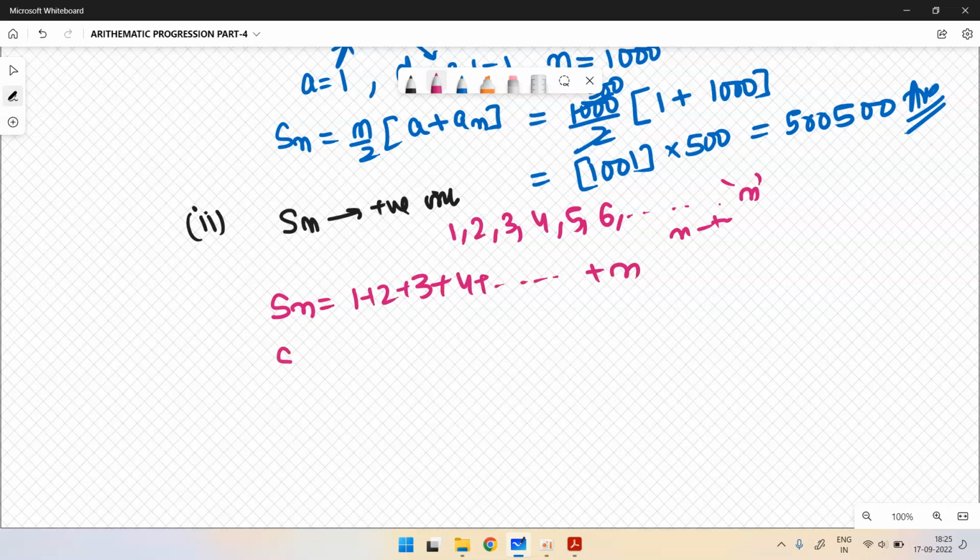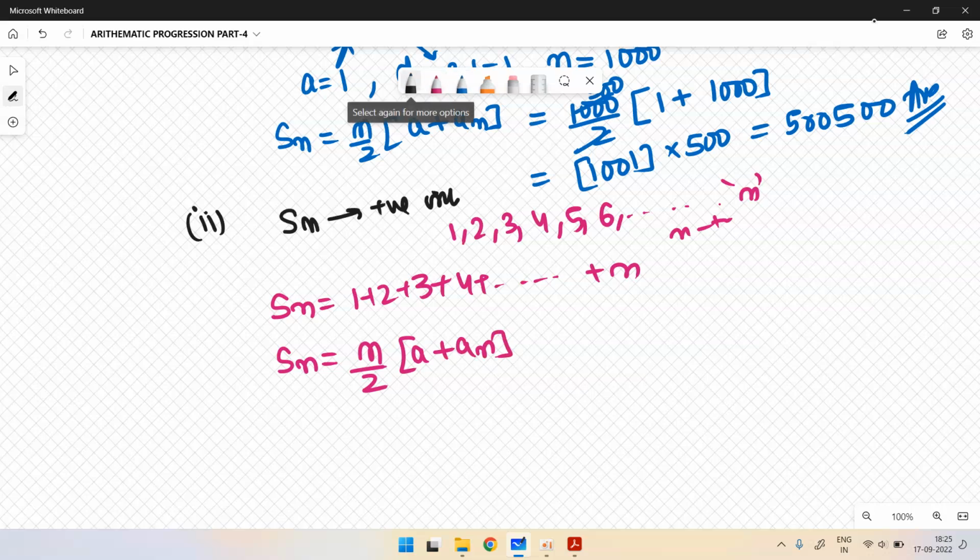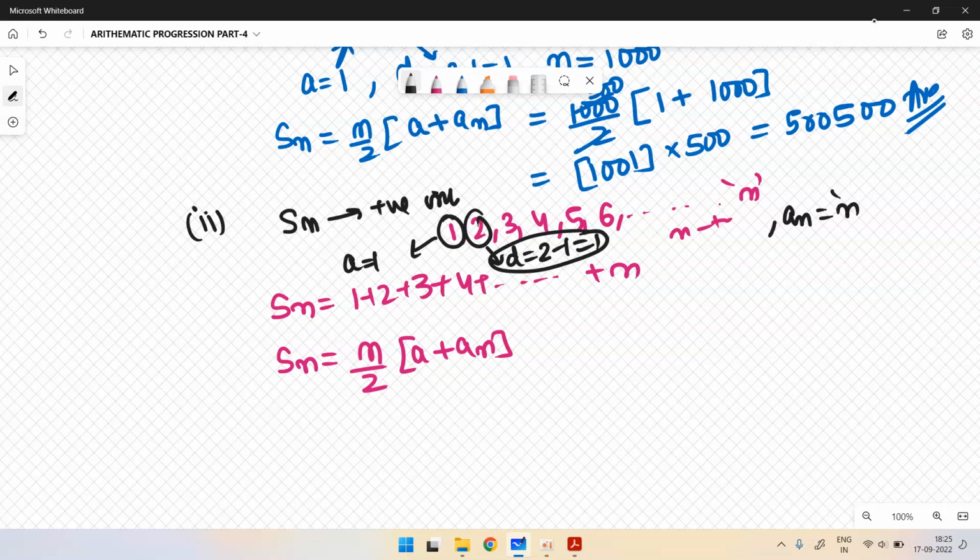You know that for an AP, S of n is nothing but n by 2 into a plus the nth term. From the series you can see that the first term a is 1, and d is 2 minus 1, which is 1. The nth term is n.